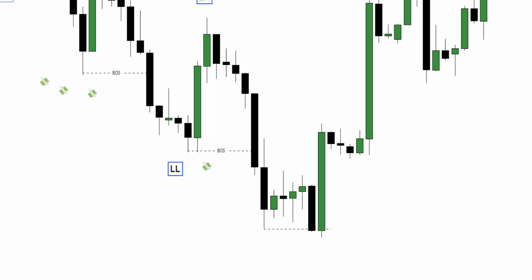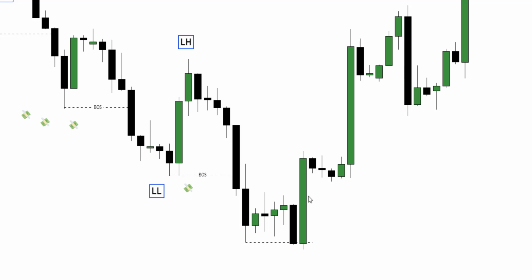So if you are marking this point, you could consider this place as a low, price retraced, and this has broken structure. So this now becomes your new lower high. This is your new lower low, and price shifted structure at that point after sweeping the liquidity below here.